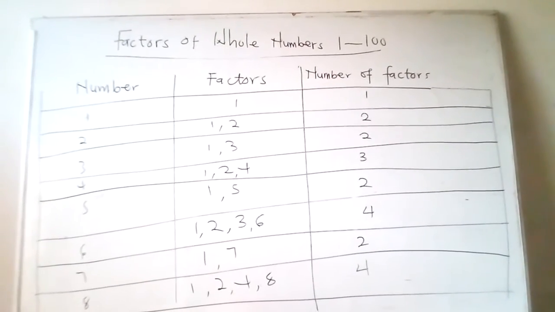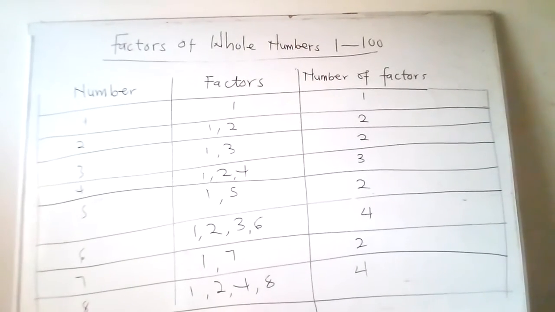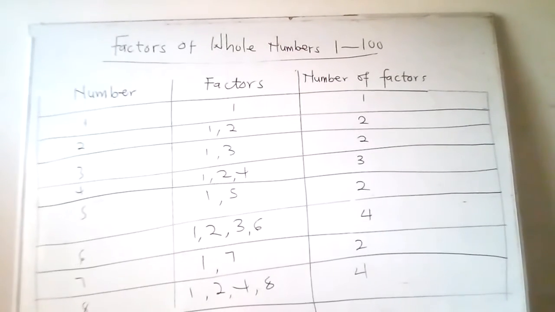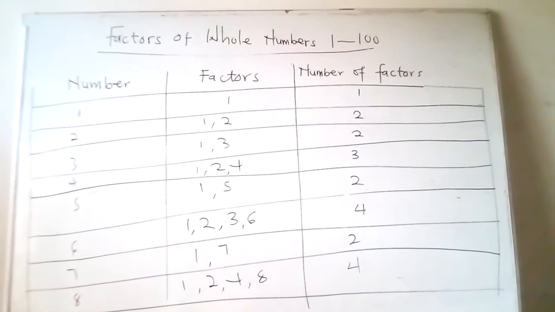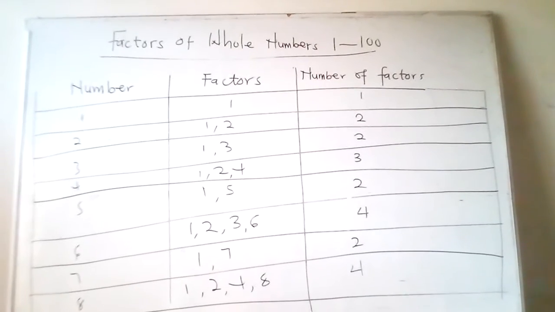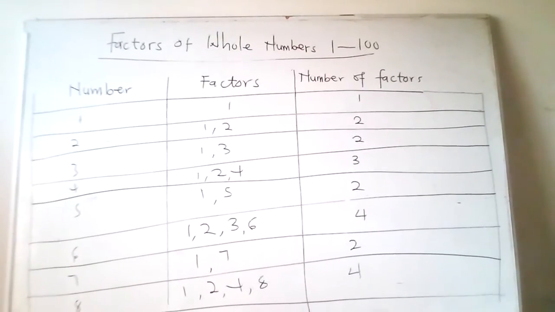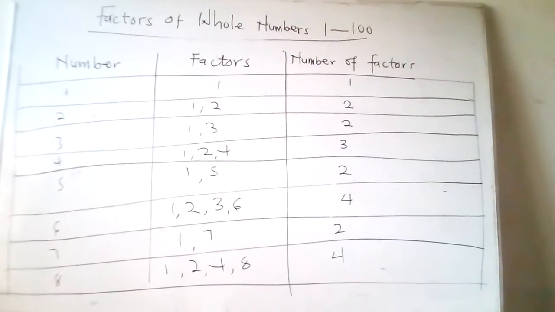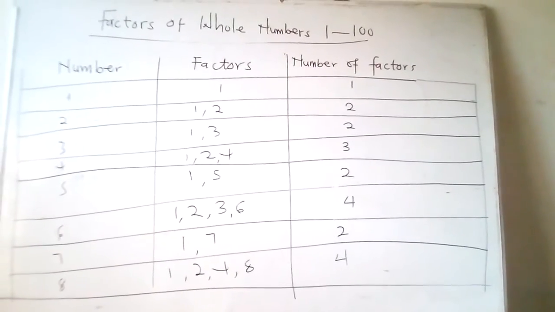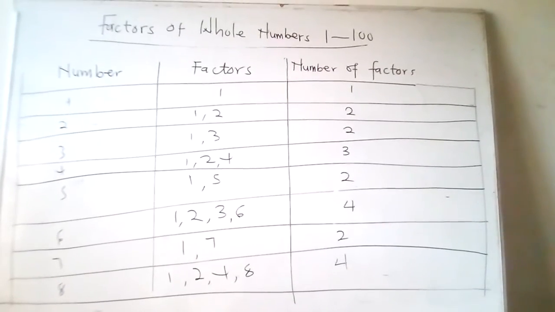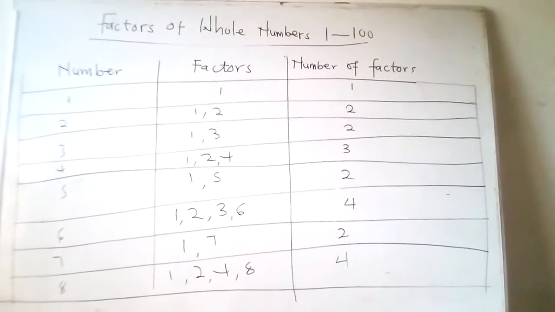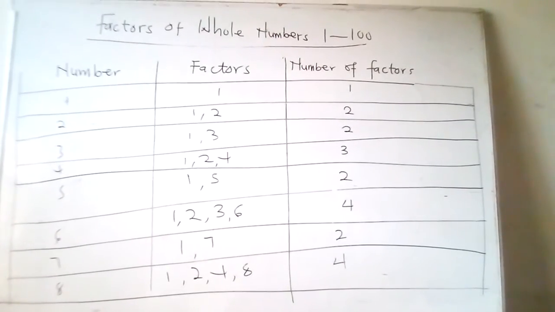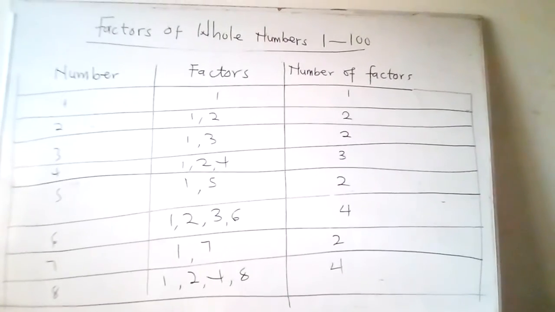4 has 1, 2, 4, which is 3 factors, so 4 is a composite number. 5 has 1 and 5, 2 factors, so it's a prime number. 6 has 1, 2, 3, 6, which is 4 factors, more than 2, so it becomes a composite number. 7 has 1 and 7, so 2 factors make it a prime number. 8 has 4 factors, 1, 2, 4, 8, so it becomes a composite number.